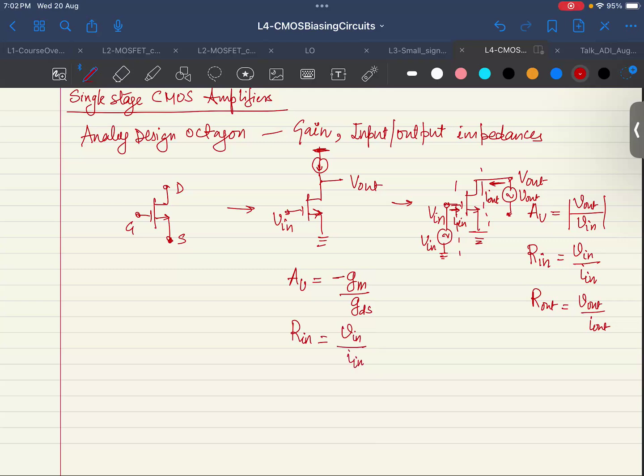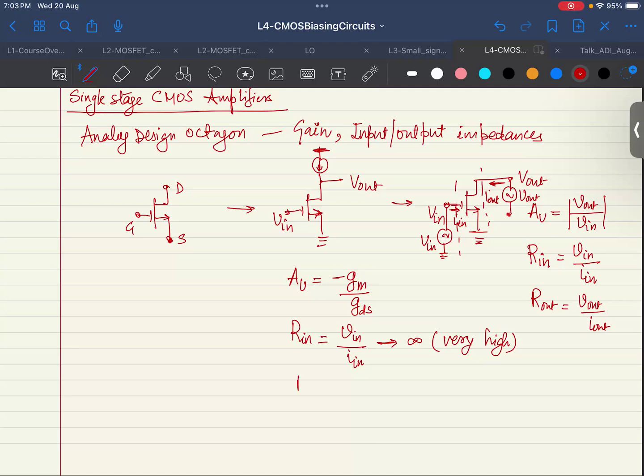As you know, this is the gate resistance, which is typically tending to infinity, or very high; there's nothing called infinity, just very high. Because of the dielectric, the small signal current flowing into the gate is very small, so that is why this comes out to be very high.